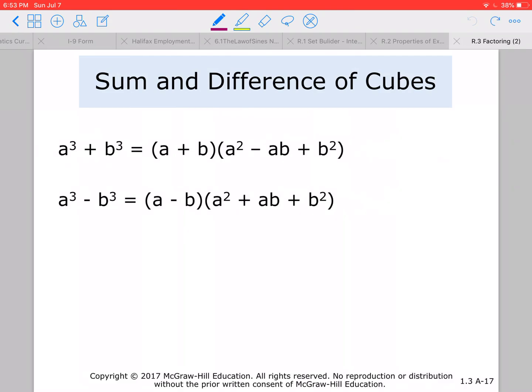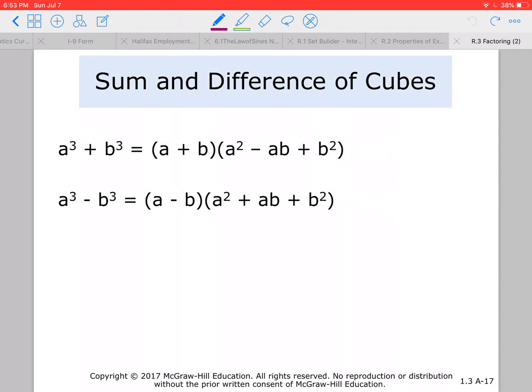So, your cubed root here and your cubed root here, times, and then we've got this trinomial here, a squared minus a times b plus b squared. Then with a difference of cubes, then we have a minus b times a squared plus ab plus b squared.